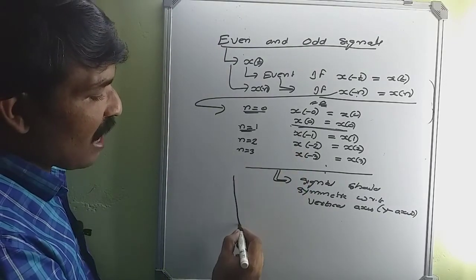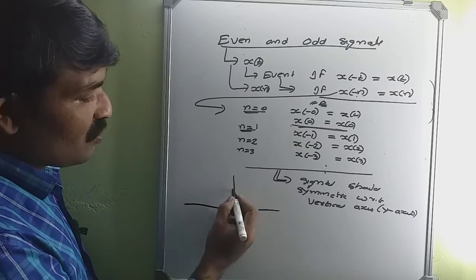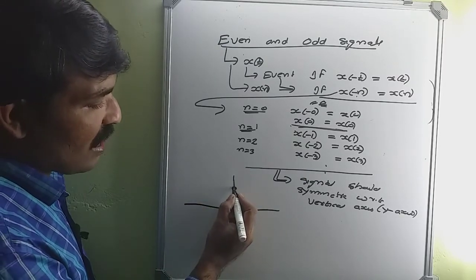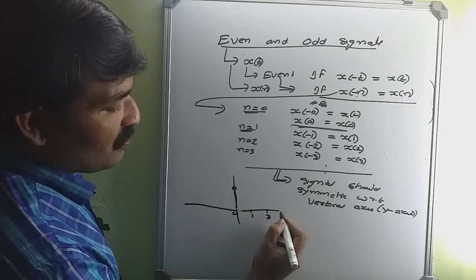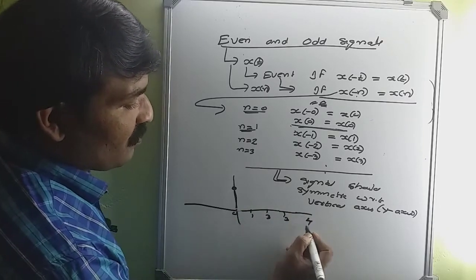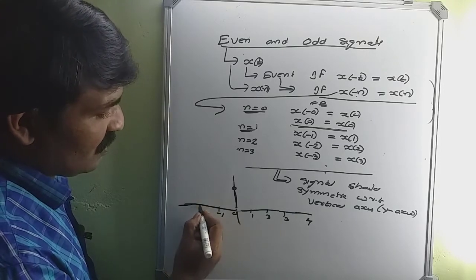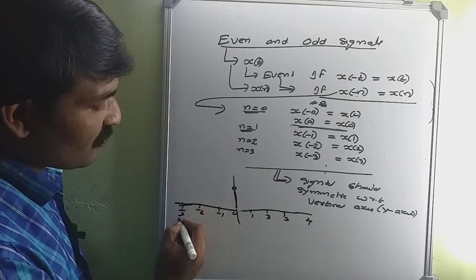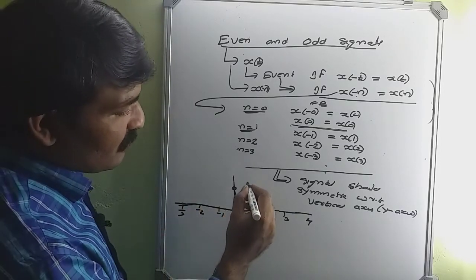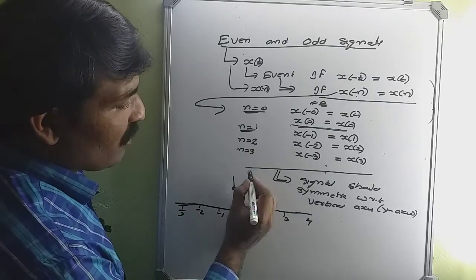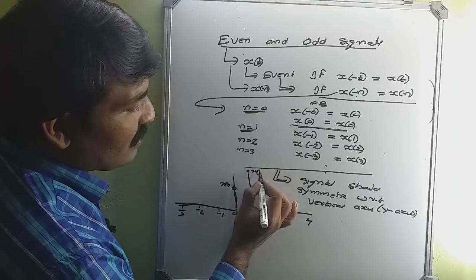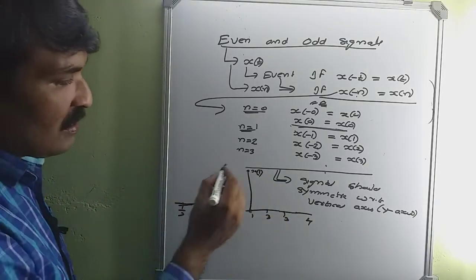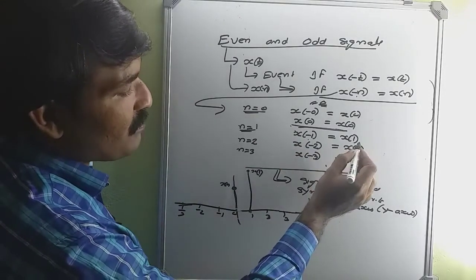So we can draw an even signal. Suppose this is the value of x of 0, and the axis is 0, 1, 2, 3, 4, minus 1, minus 2. Suppose this is the value of the signal x of 1. If the signal is even, then x of minus 1 is the same as x of 1.